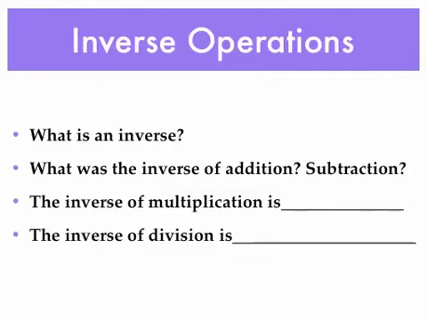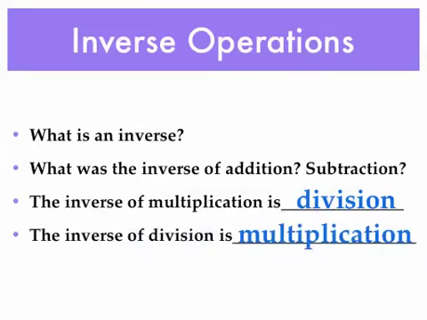Then it says the inverse of multiplication is division, and the inverse of division is multiplication. Or the opposite of multiplication is division, and the opposite of division is multiplication.